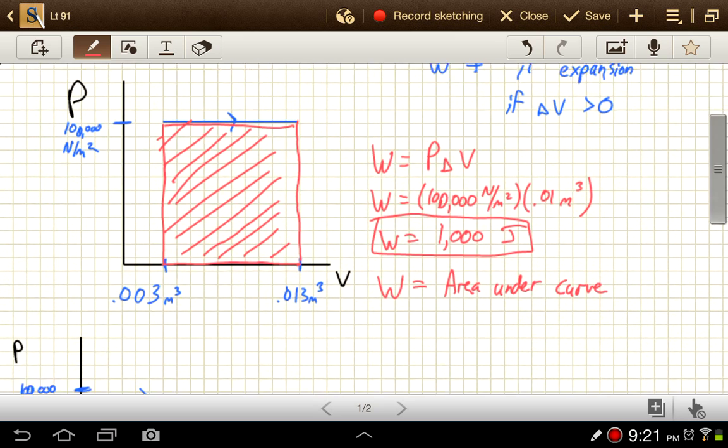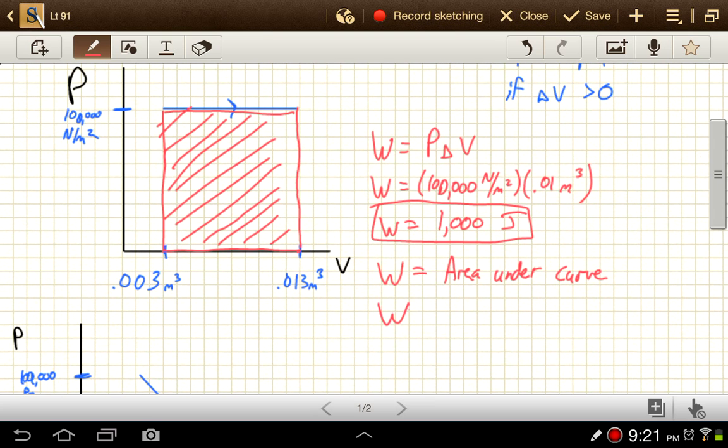Or if you've done calculus before, we can write this as work is equal to the integral of P with respect to V, the differential volume there. And then the limits of this integral are set by how much we're expanding or contracting here.